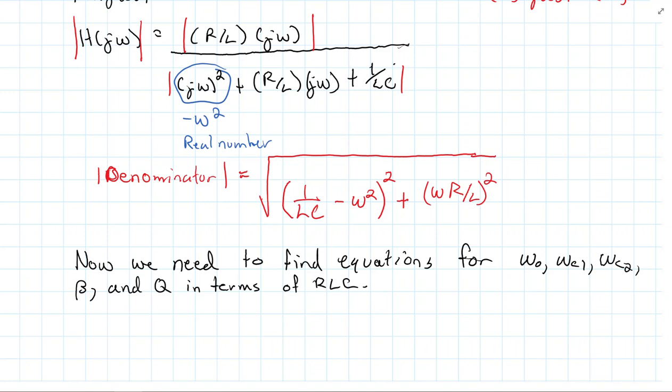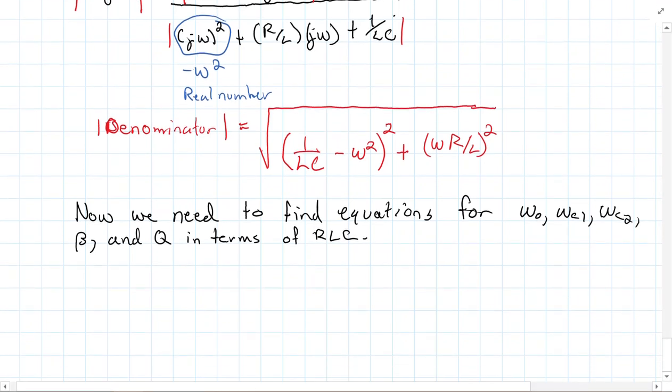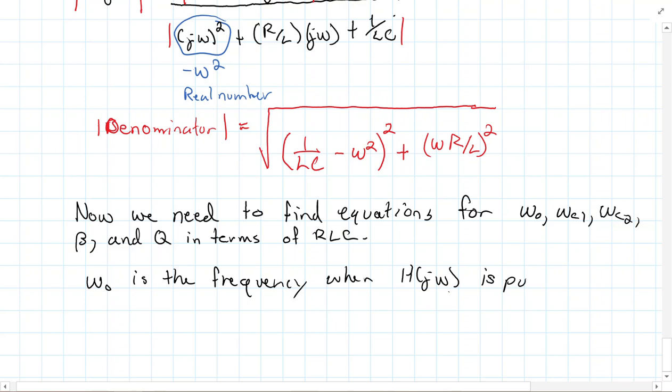Well, there is one special thing about omega 0 that we didn't talk about previously: omega 0 is the frequency where h at j omega is purely real.